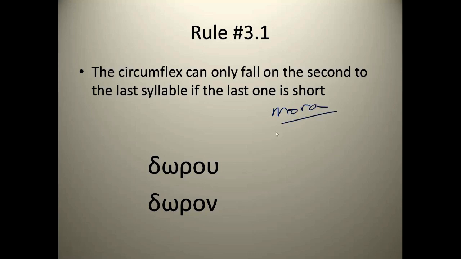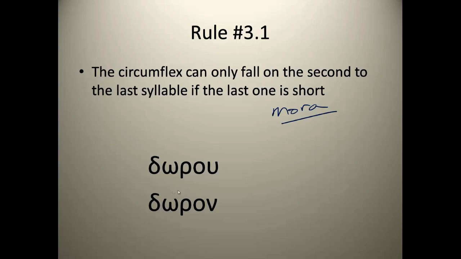As I already said, I'm not going to talk about these ideas. You can look it up if you're interested, but that's what all of these rules about the circumflex have to do with. Why it can only be on a long vowel, and why it can only be on the second to the last if the last vowel is short.